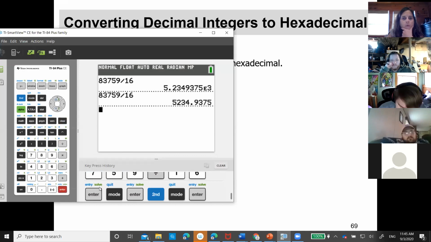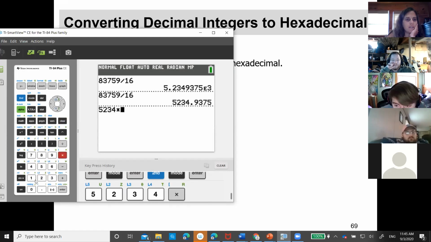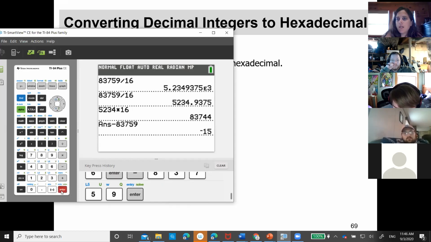Okay, so it went that many times, and it has this as my remainder. There's a few ways you can do this. 5,234 times 16, and I can subtract. I know that I'm going to get a negative. I don't want a negative, but it helps me not have to do a lot of subtraction here. So it'd be 15 as my remainder. Just forget that it's negative.